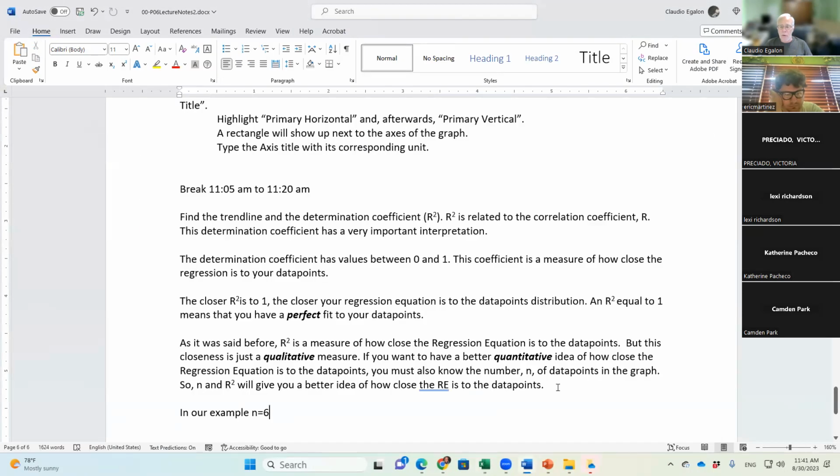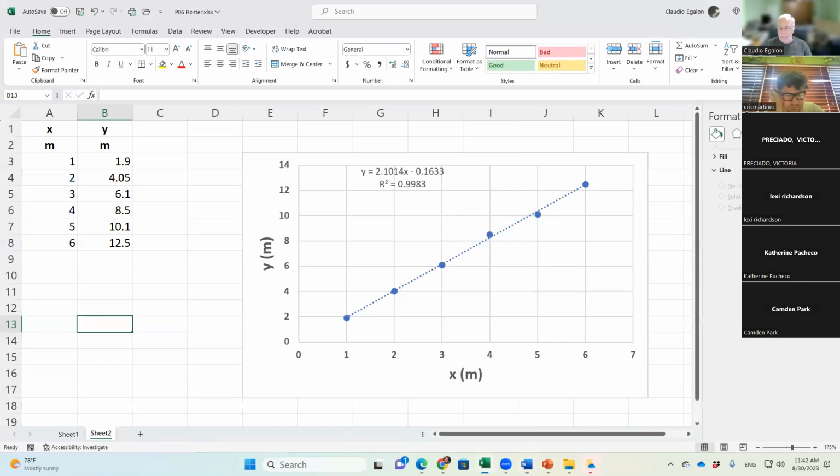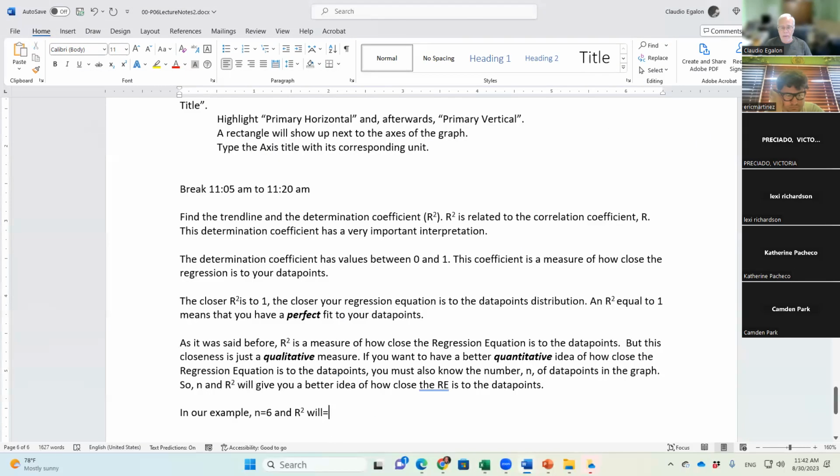Those two values combined give you a better idea of how close your regression equation is to your data points. In our example, n equal to 6, and R squared in this case is 0.9983.